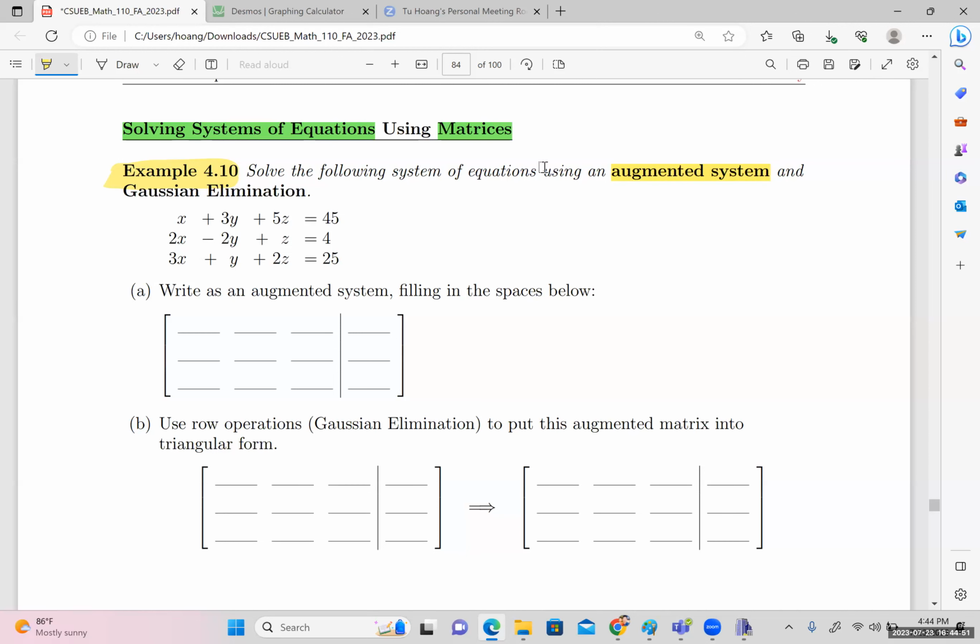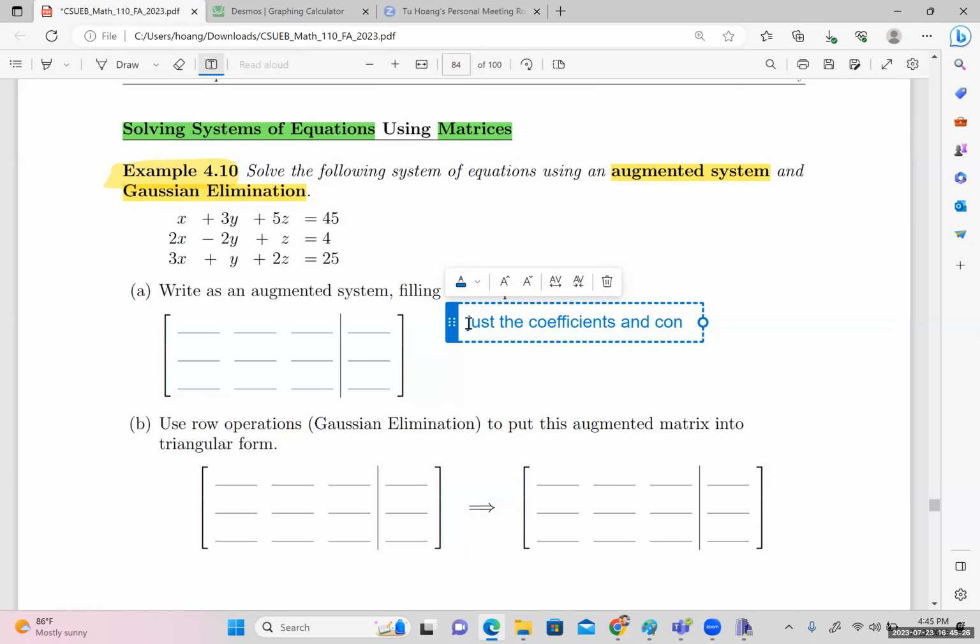So what is an augmented matrix? Let me explain: for the augmented matrix, you just put out all the coefficients, just the coefficients, and the constants.